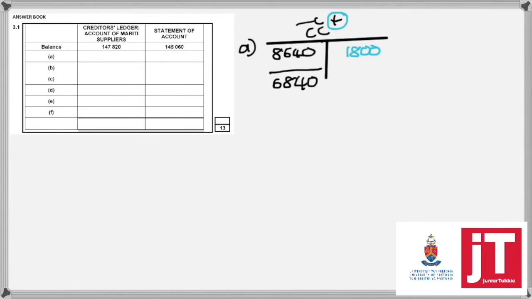It is supposed to be 6,840, which means that 1,800 we've overstated. So I must put that 1,800 on the credit side. And by putting it on the credit side, it has a positive effect on the balance. So on our answer booklet, number A, we are going to add 1,800 to the creditors ledger.